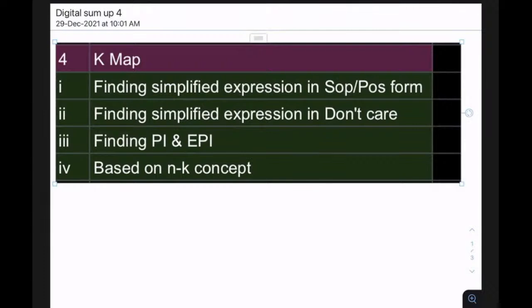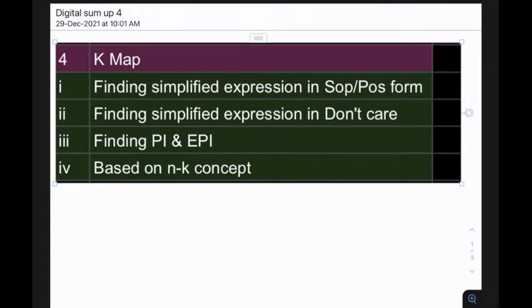From an introduction point of view, if I ask you why K-map is used, the simplest answer is that K-map is used to simplify Boolean expressions. But the main difference is that in Boolean algebra we don't have any systematic technique. It is like hit and trial methods. If you have more experience, very quickly you are able to get the answers.